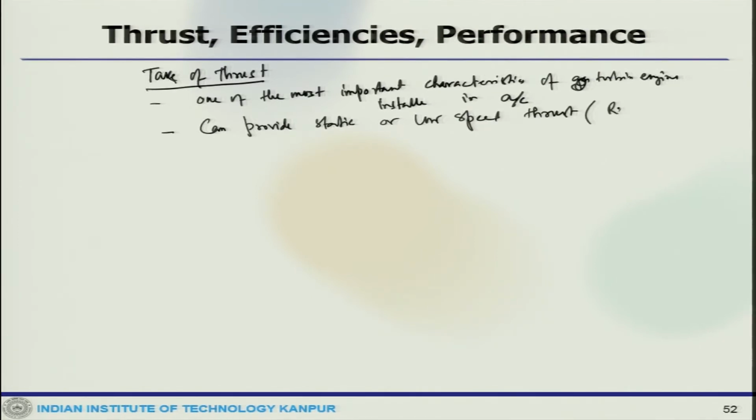So, ramjet engine cannot do that. So, that is an important restriction for ramjet engine. Now, any aircraft can take off under its own power.